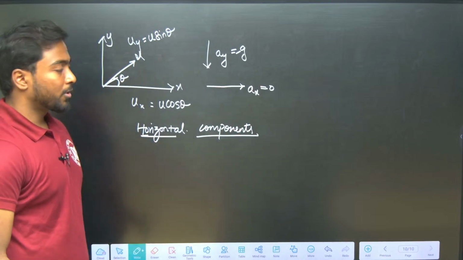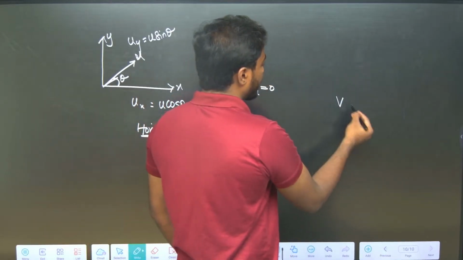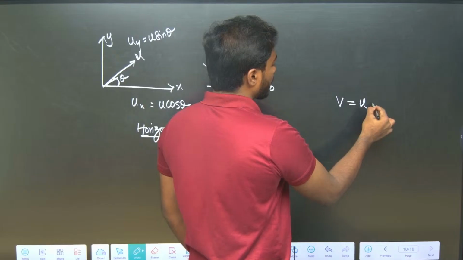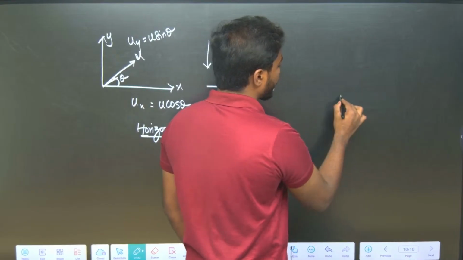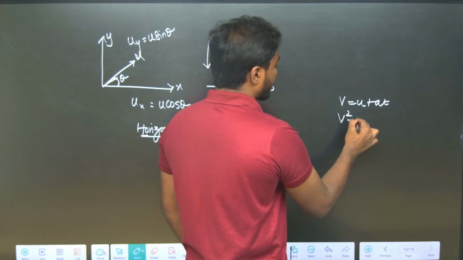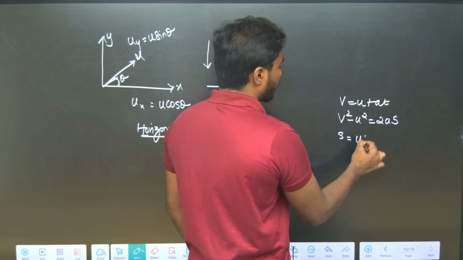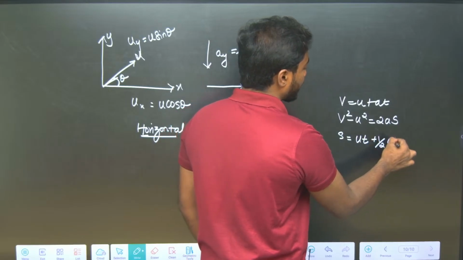Similarly we will take the kinematic equations: v equals u plus at, then v square minus u square equals 2as, and s equals ut plus half at square.